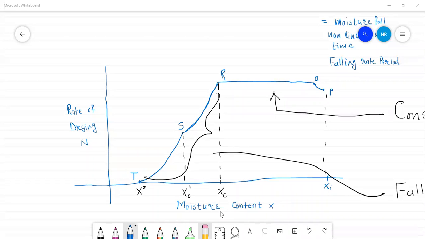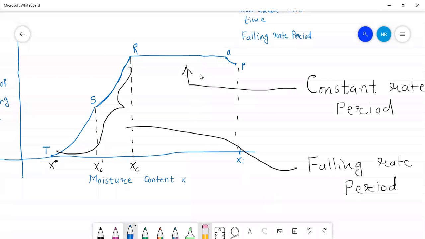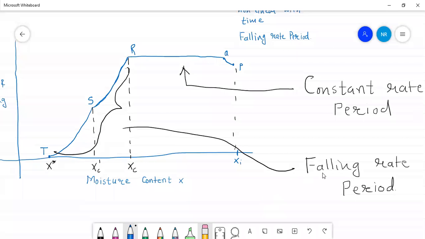Based on these two graphs, there are two sections: one section is the constant rate period and another is the falling rate period.